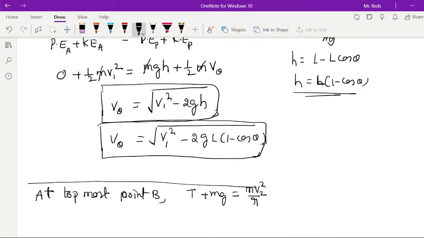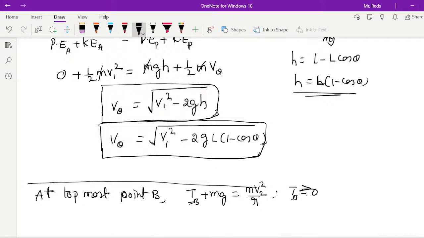So we want to find the minimum velocity of the body to cross that point, so that circular motion is taking place. Tension shouldn't be less than 0, but equal to 0 or more than that. If you take tension at point B, the topmost point, as 0, for the vertical circular motion to take place, tension should be greater than or equal to 0.